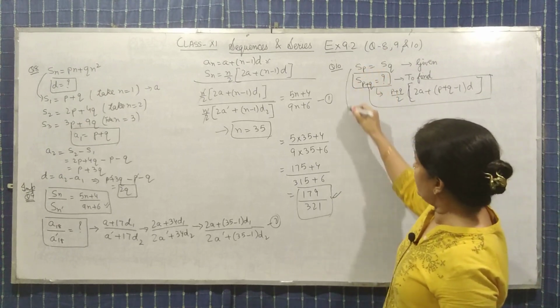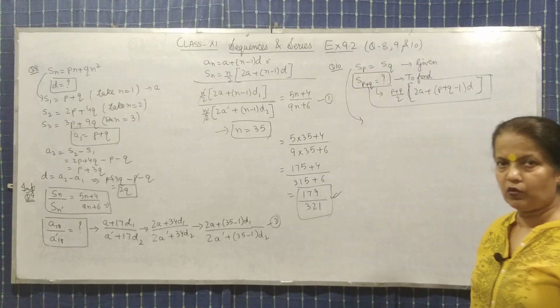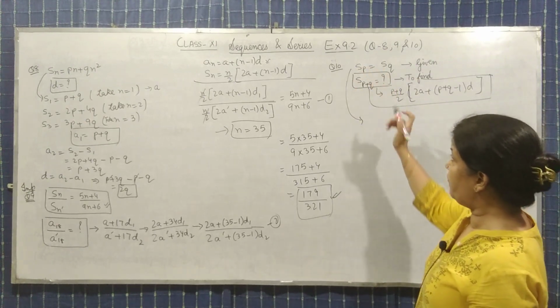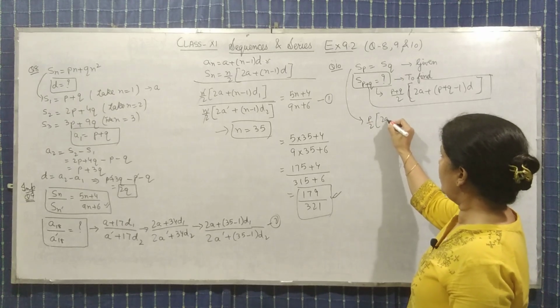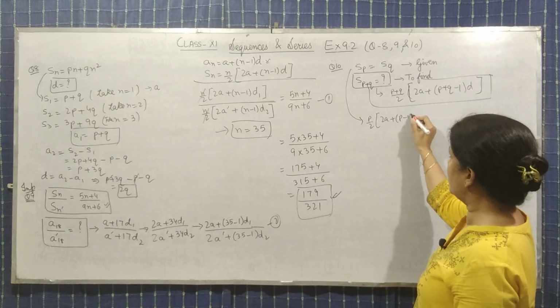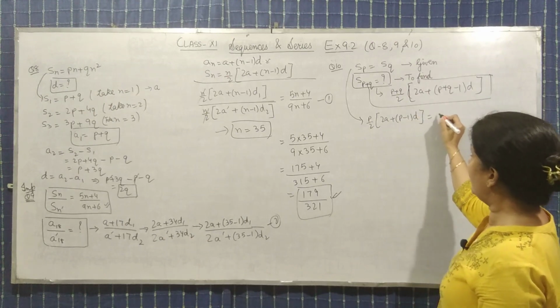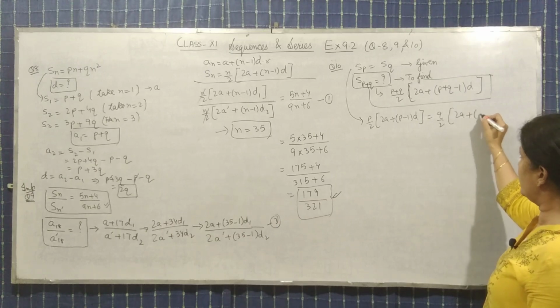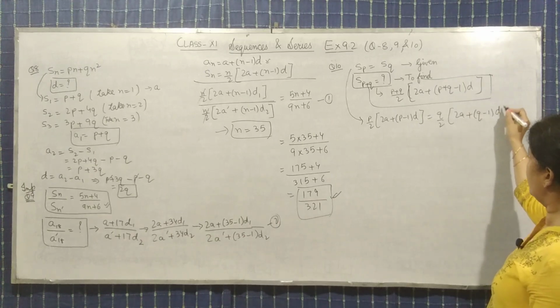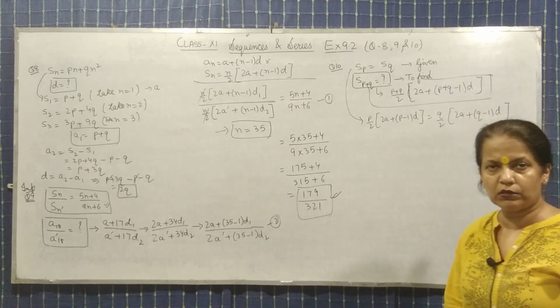Now from the given part, what will we do? Sum of p terms means p by 2 times (2a plus (p minus 1)d) equals q by 2 times (2a plus (q minus 1)d). This is given.